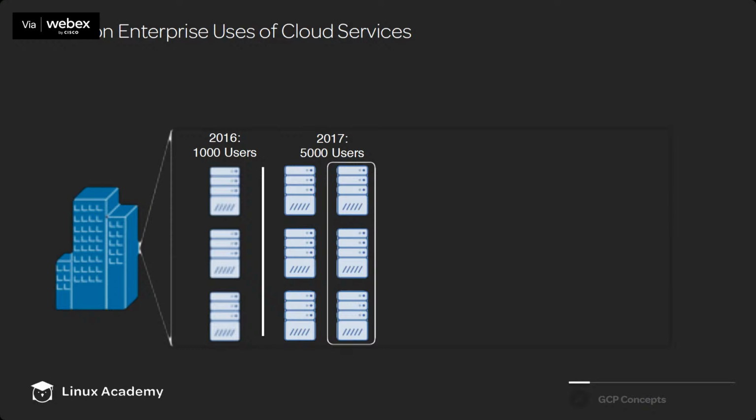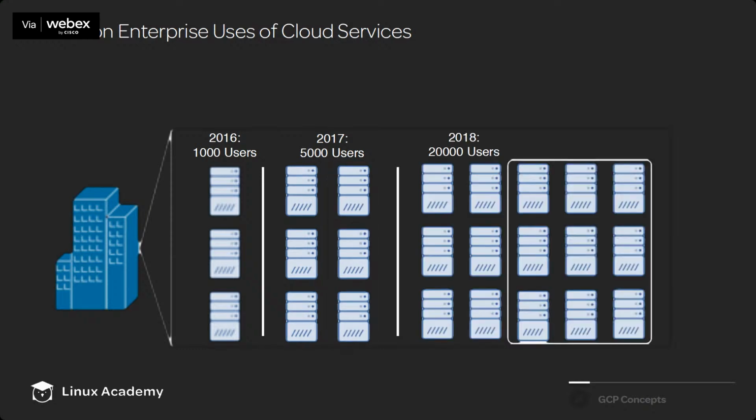Earlier we used to have users, applications, servers, etc. And as this slide is trying to explain, suppose you are a startup in the year 2016 and you had a few users using your application. You purchased some servers, and these servers were sufficient for your usage.